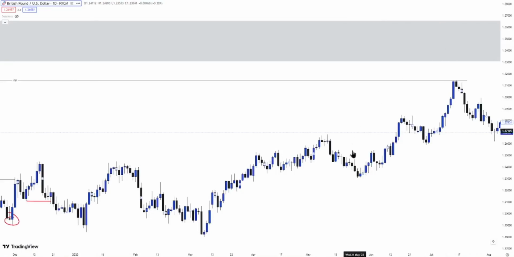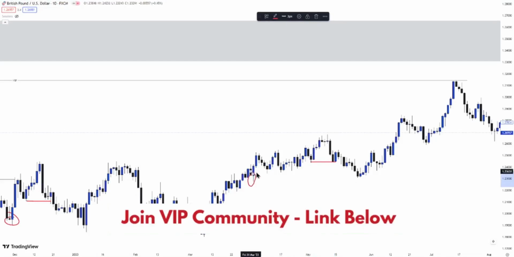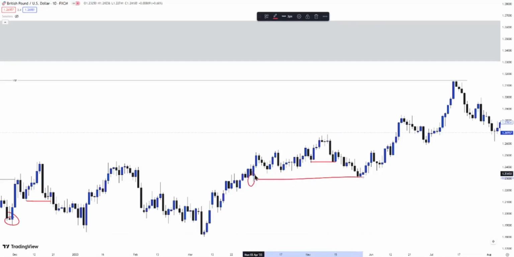So price will create a high, take out inducement, tap on something and move higher. We don't know what it tapped on. Maybe on the smaller time frame, it tapped on it and moved higher. That is what you should be expecting until price gets to this point.